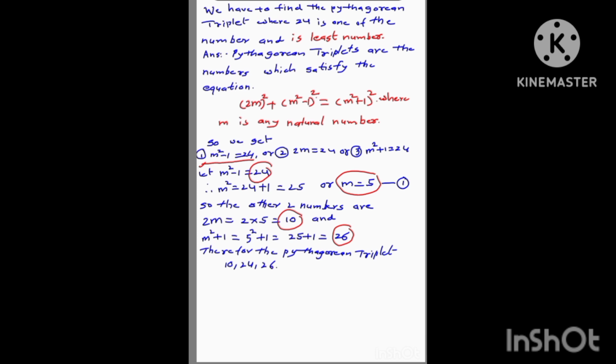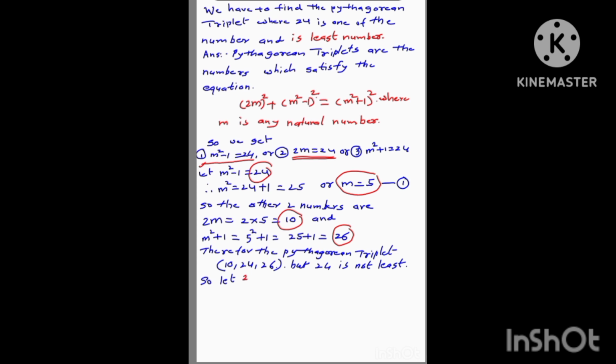But it doesn't follow the second condition. We have to find a triplet where 24 has to be the least number, but in this, 24 is not the least number. So we take another case.